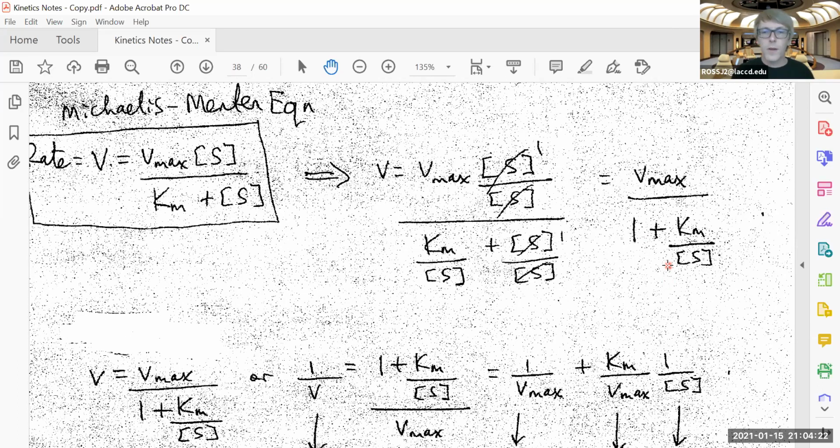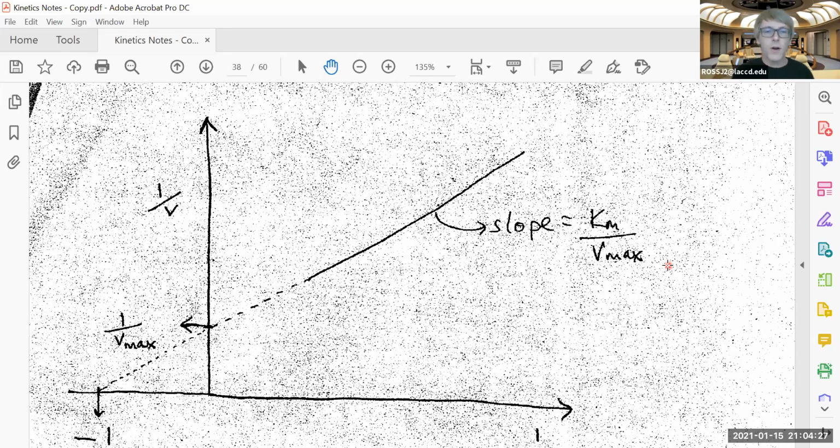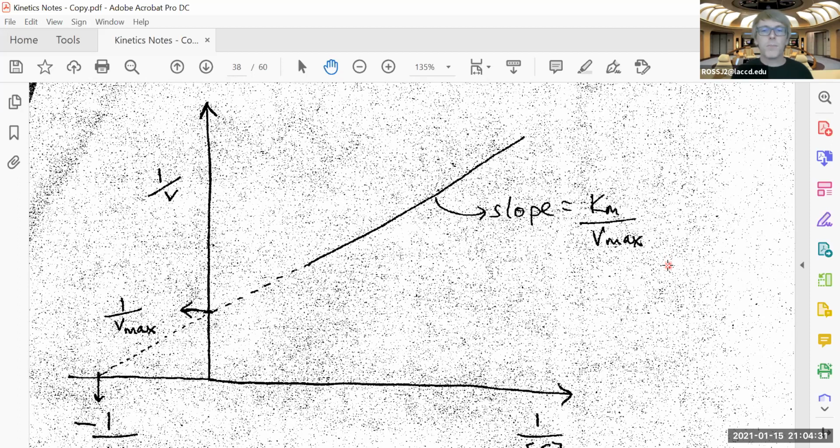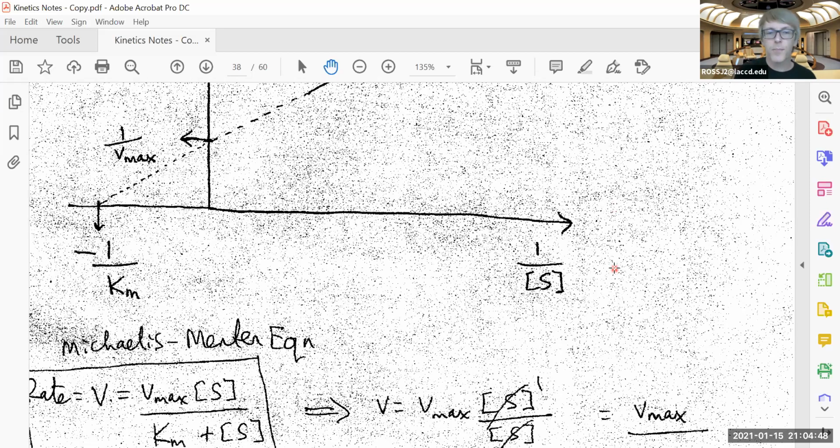So again, it's straightforward to do. And we can plot 1 over rate on the y-axis and 1 over S on the x-axis. The slope is the Michaelis-Menten constant over Vmax. The intercept is 1 over Vmax, so we can ascertain exactly what the maximum rate possible is. So that becomes very useful.